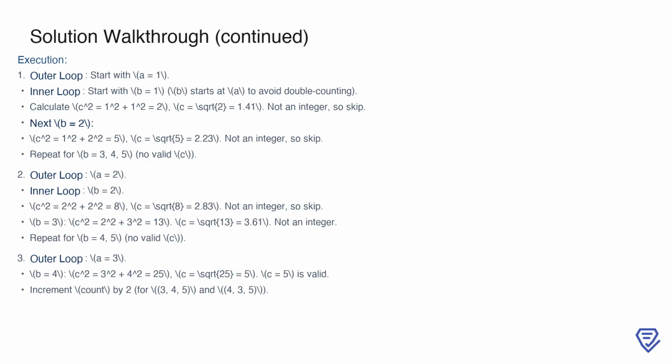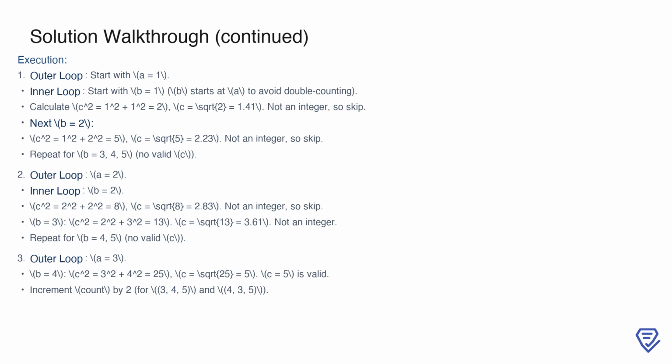Next, with b equals 2, c squared equals 1 squared plus 2 squared equals 5, and c equals sqrt 5 equals 2.23. Again, c isn't an integer, so we skip this too. We continue this process for b equals 3, 4, 5, but none of these yield a valid c.